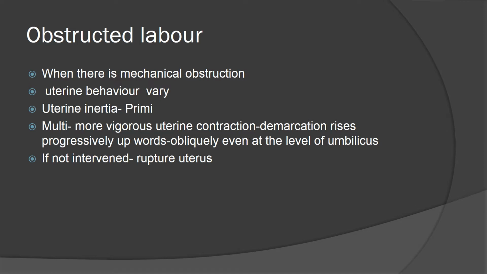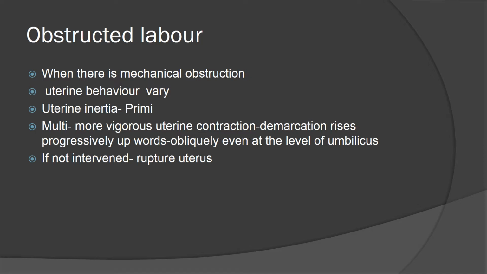In others, especially in a multi, the uterine contraction becomes more vigorous. It starts to contract with a stronger contraction, becomes more frequent and stronger, and the demarcation becomes more marked. It rises progressively upwards, even appearing obliquely, even at the level of the umbilicus.